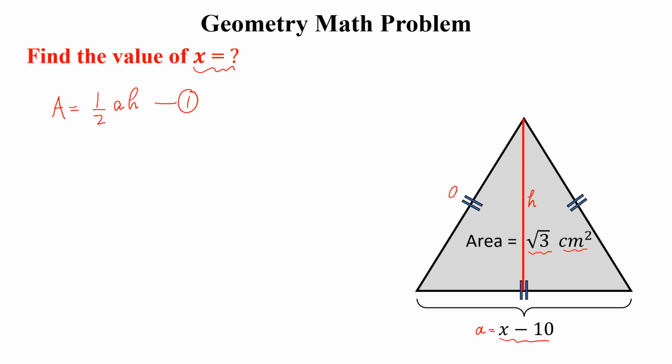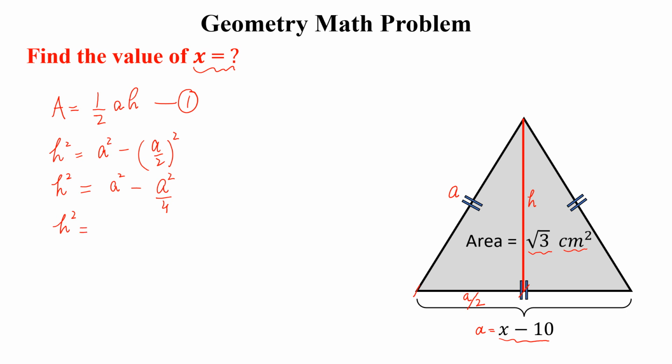Now this length will also be a, and from here to here this length will be equal to a by 2. By Pythagoras theorem we can write h square equal to a square minus (a by 2) whole square. If we simplify this, we can write h square equal to a square minus a square divided by 4.